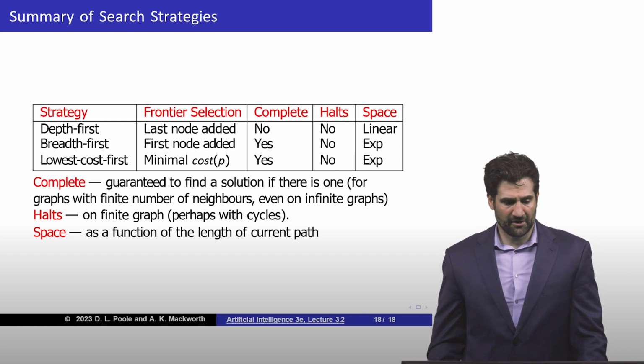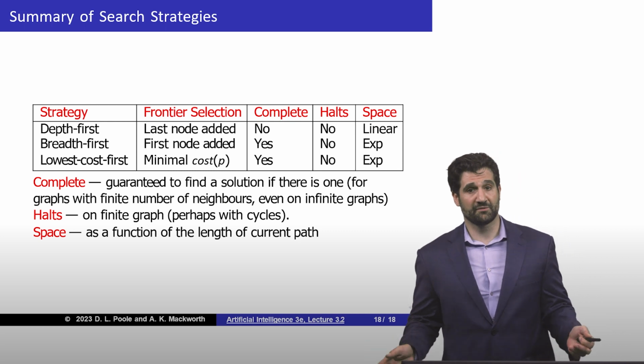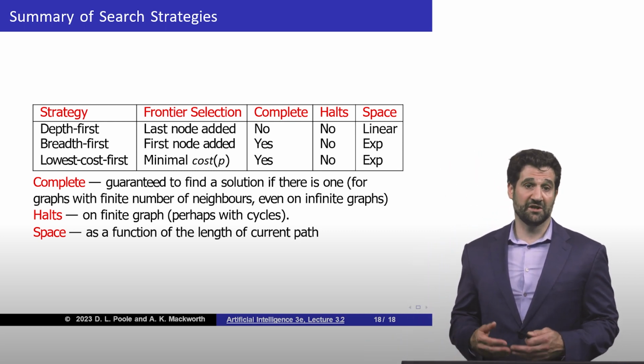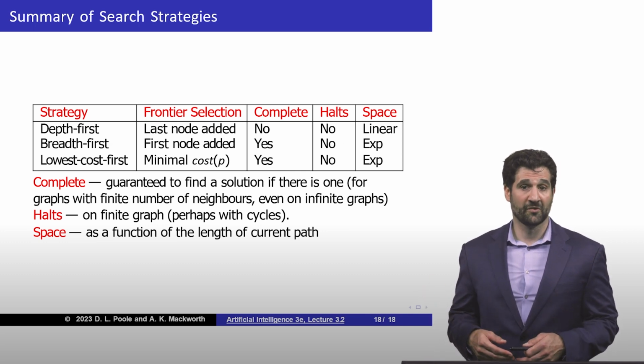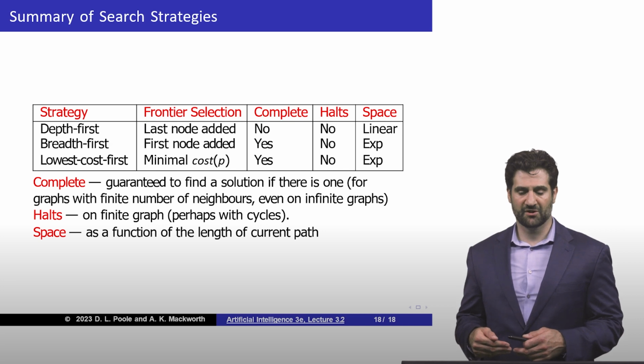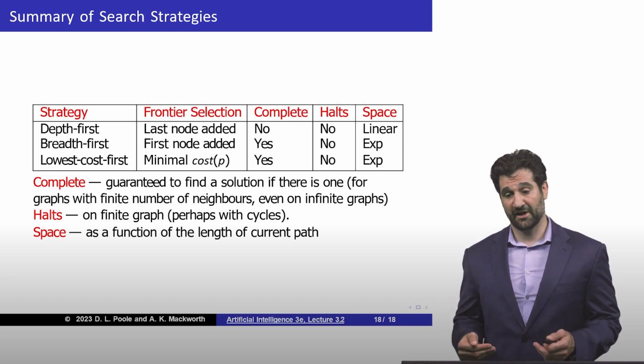And so here's a summary of the uninformed search strategies that we've looked at in this course. With regard to completeness, meaning that it can find a goal, breadth-first search and lowest-cost-first search are guaranteed to find a solution. Depth-first search is not.